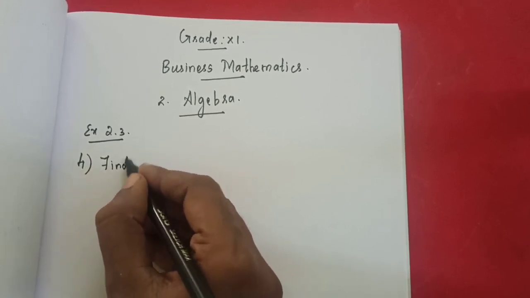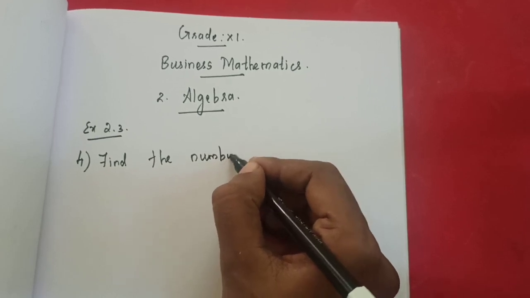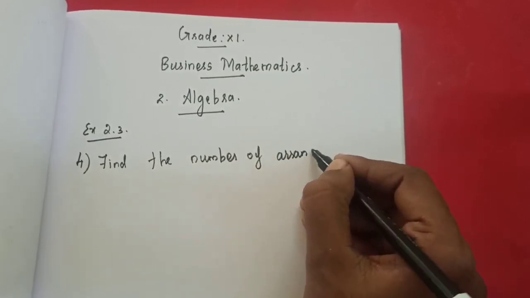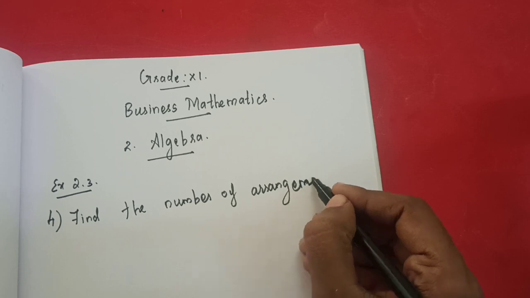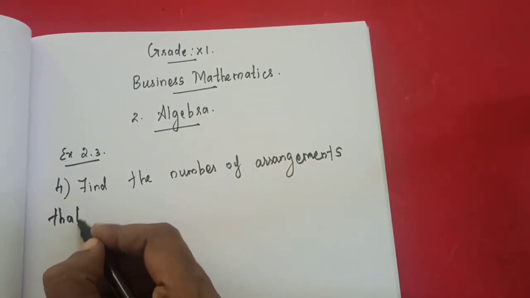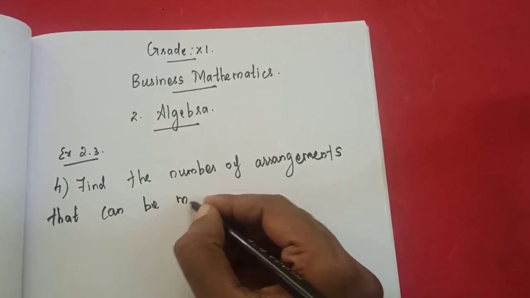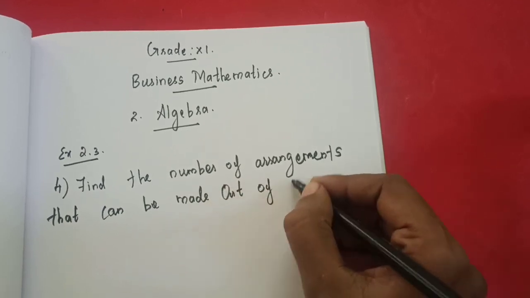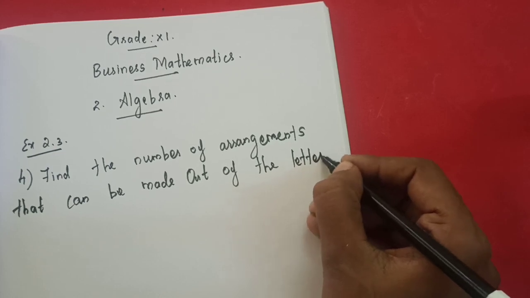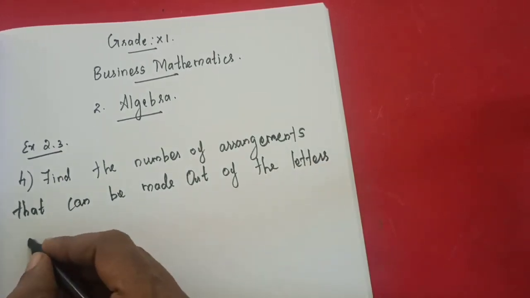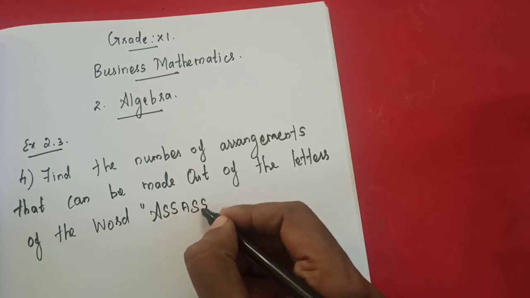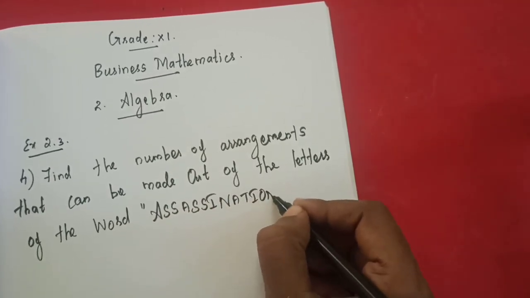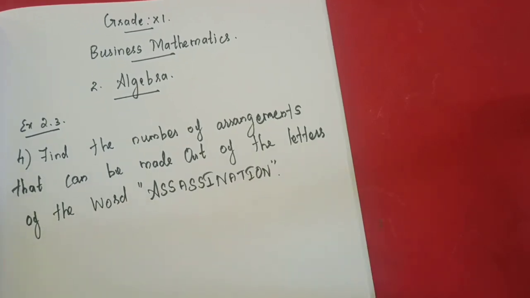The question is: find the number of arrangements that can be made out of the letters of the word assassination. So we are going to do this problem.